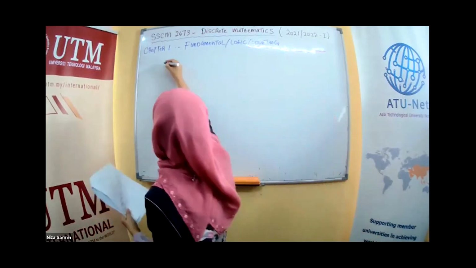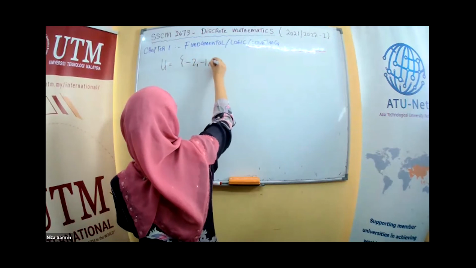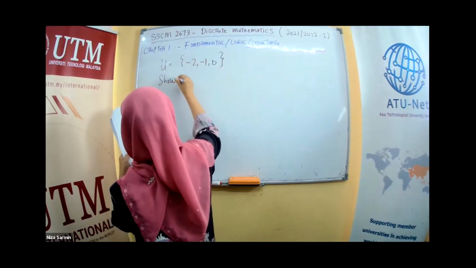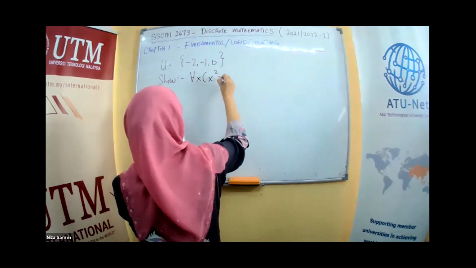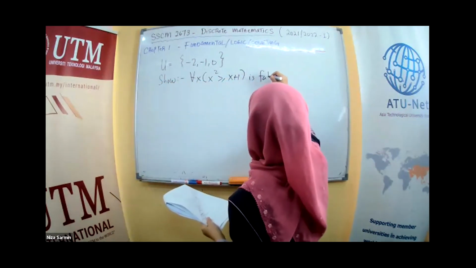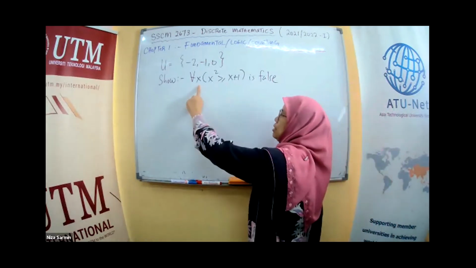Okay, now this U is {-2, -1, 0}. And show that for all x, x squared is greater than or equal to x plus 1 is false. See the symbol for all x.